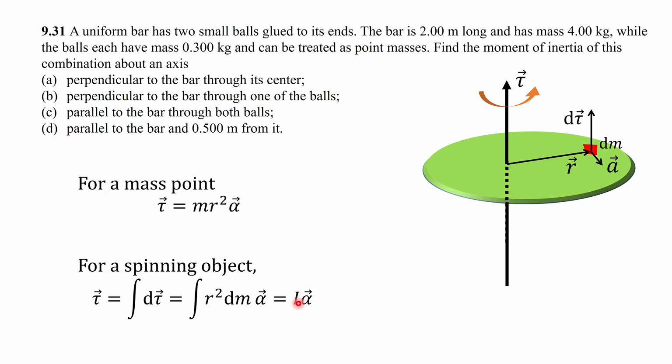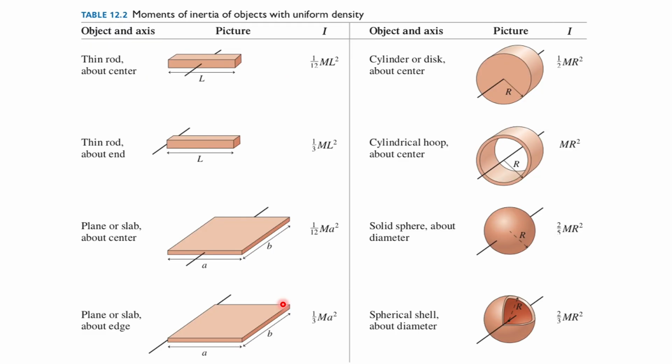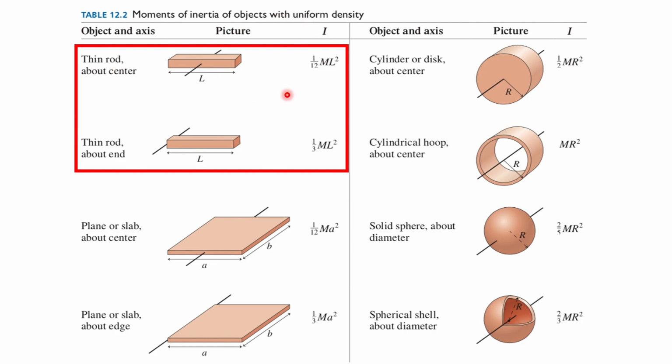So the next thing is to do the calculation. But the good thing is that we already have a table to tell us how large the inertia is for different objects. So for regular objects, we have the formulas here. This is a table to show how we can get the moment of inertia. In this problem, we are going to calculate the moment of inertia for the rod. So the first two are what we focus on.